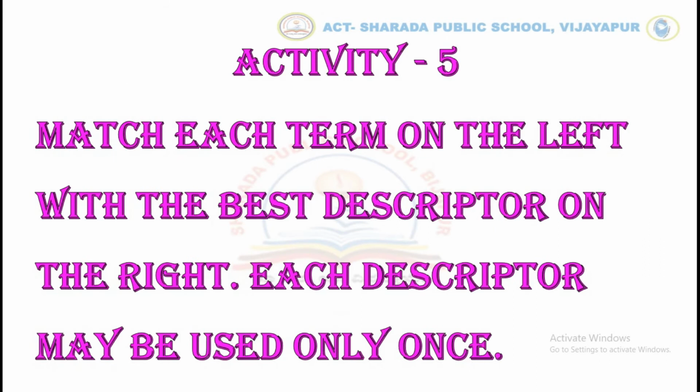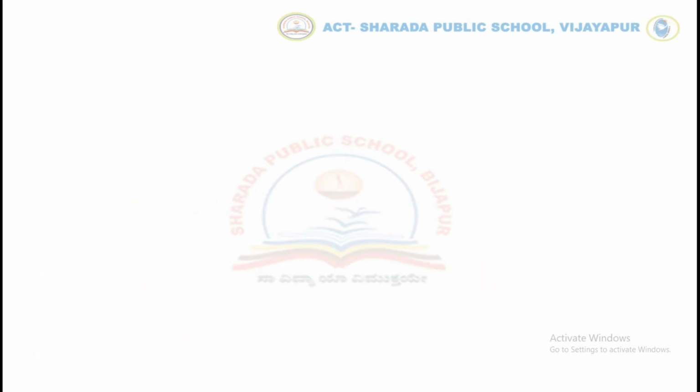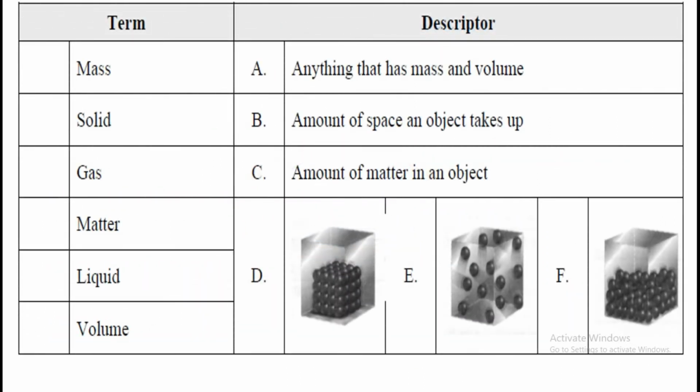Let's move to activity number 5. Match each term on the left with the best descriptor on the right. Each descriptor may be used only once. Dear children, here are the terms: mass, solid, gas, matter, liquid, volume.